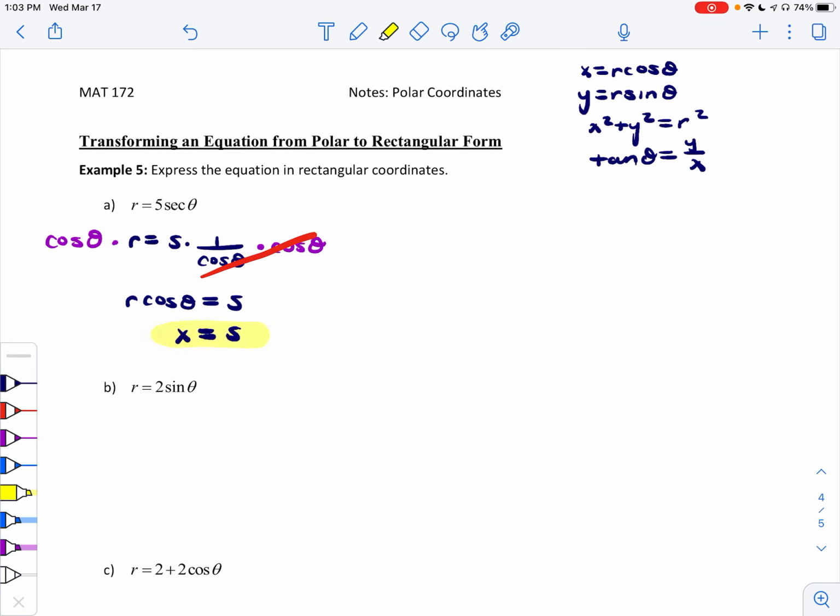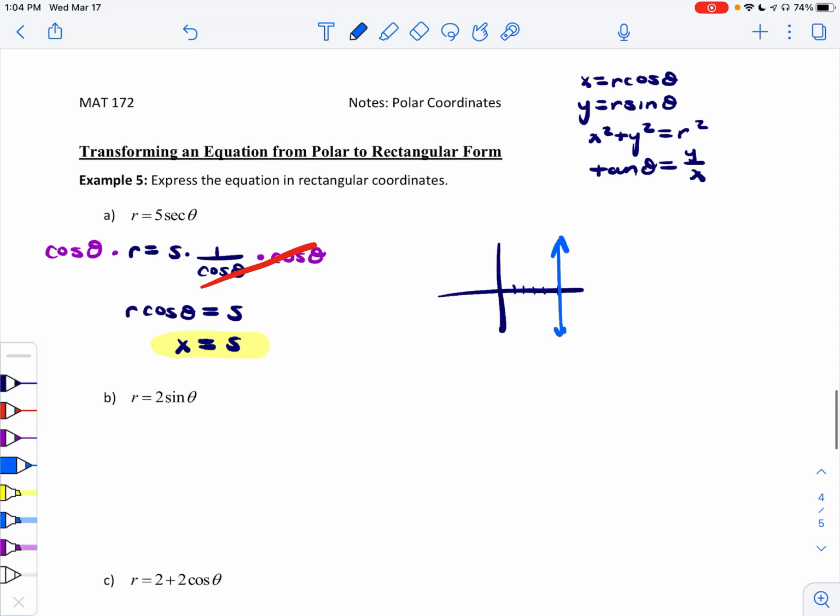As long as it has only x's and or y's and no r's and thetas, then it is in rectangular form. Okay, and just to point out here, sometimes your textbook is going to refer to that rectangular form as standard form. So if you see standard form, that's the same as saying rectangular form. All right, let's take a look at another one.